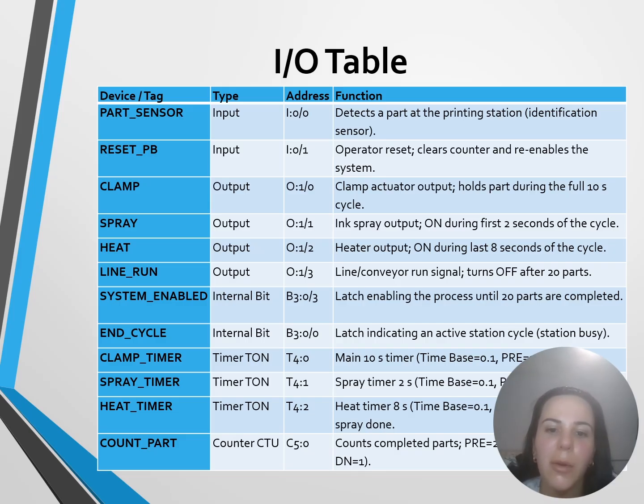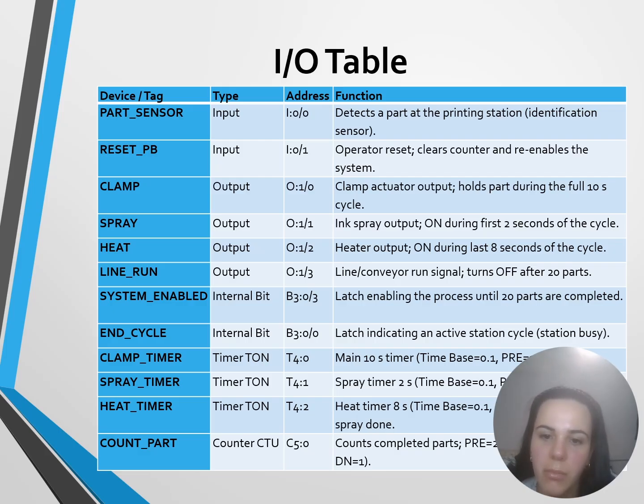The clamp is an output, a clamp actuator output that holds the part during the full 10-second cycle. Then comes the spray, that's the other output, the ink spray output, on during 2 seconds of the cycle. And then the heat, that is the output on for 8 seconds of the cycle.